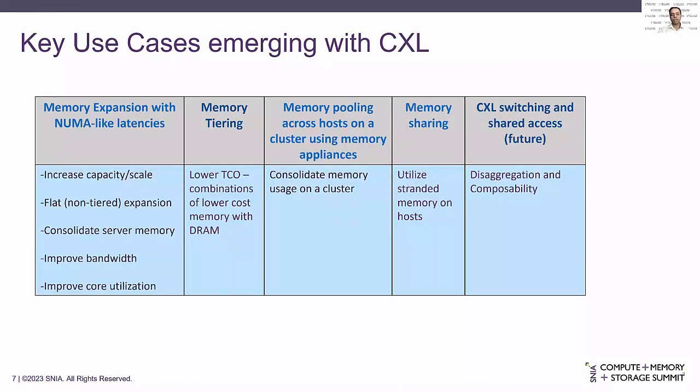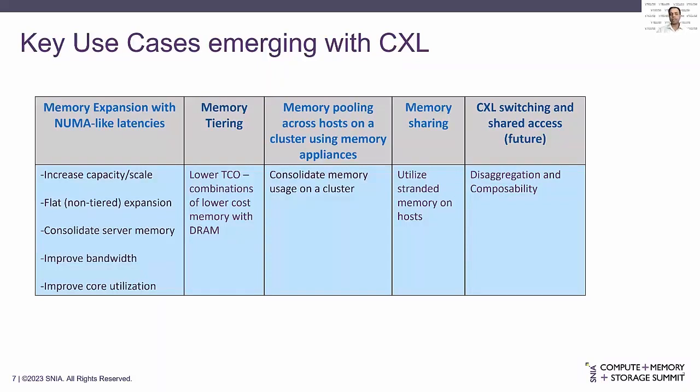The other use cases are memory tiering, which provides lower TCO when combined with cheaper memory. Memory pooling is another use case where memory can be consolidated across a cluster. We are also looking into use cases such as memory sharing in the future, and other use cases which involve possibly accelerators, where we make use of accelerators to provide VMware specific value propositions, which can help improve ESX's performance of various features.